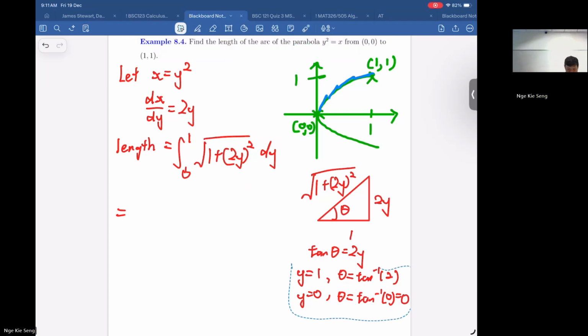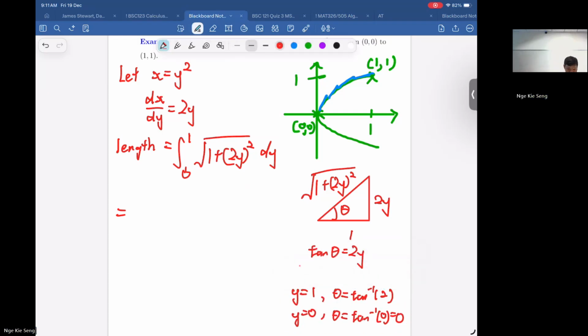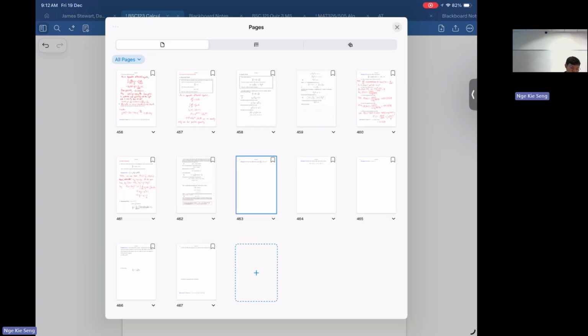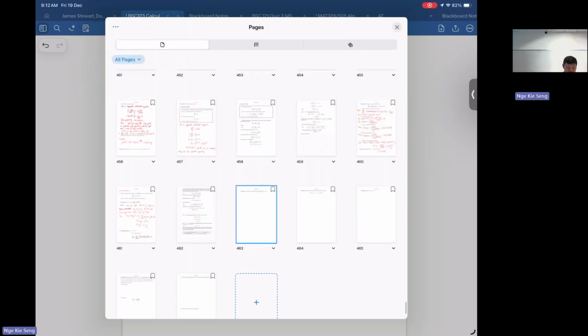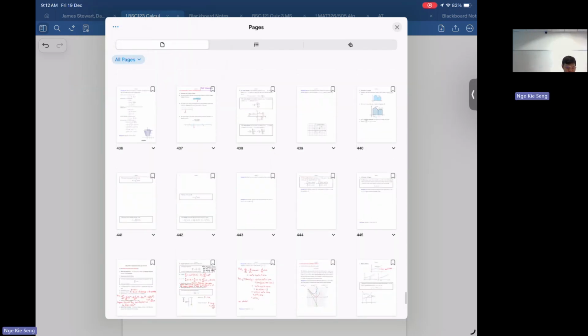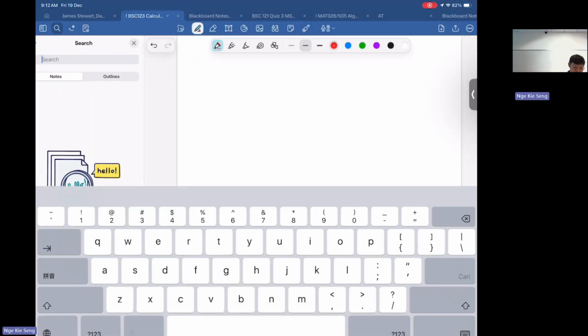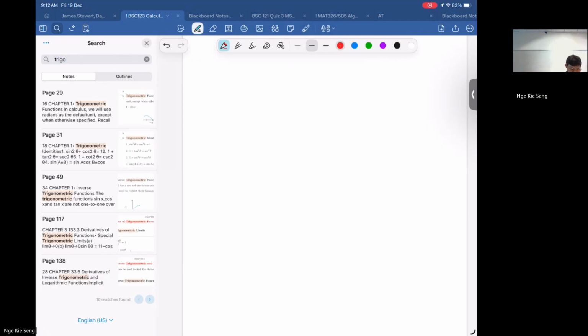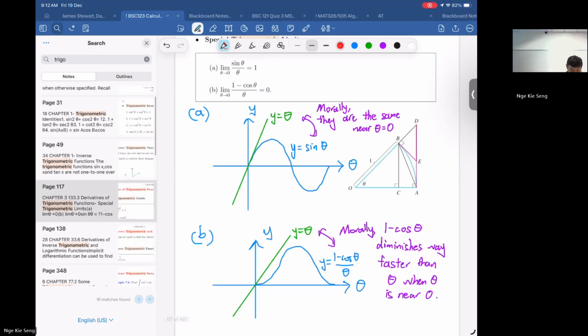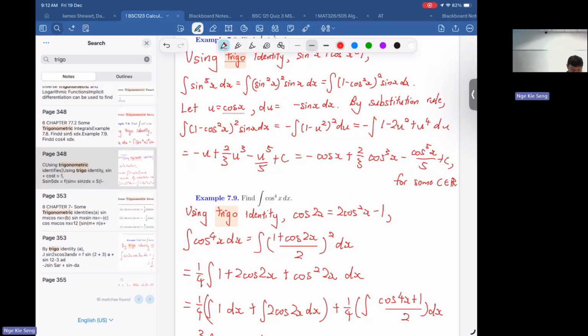Well, what is dy? Anyone remember what dy is? Secant theta tangent theta, is it? Maybe let's check. You can do the quotient rule. Maybe I can try and check whether it's correct or not.